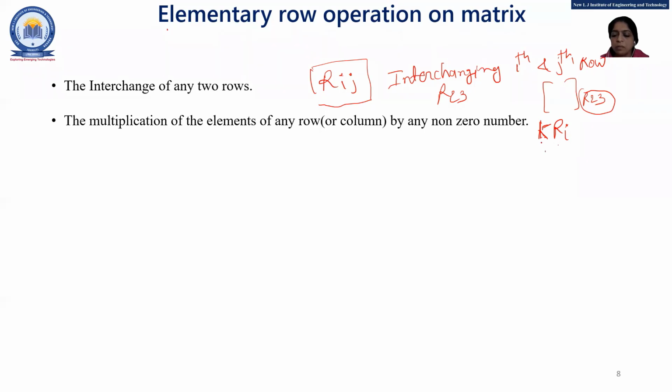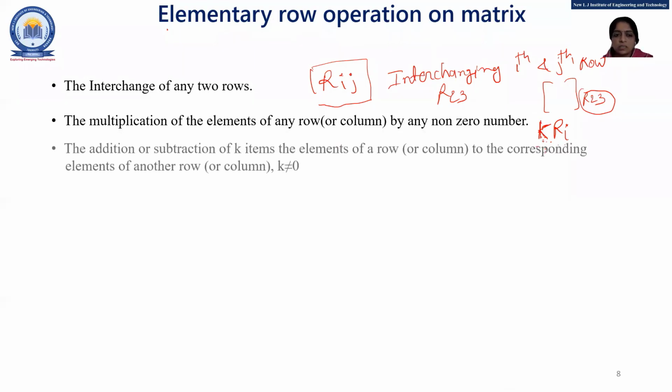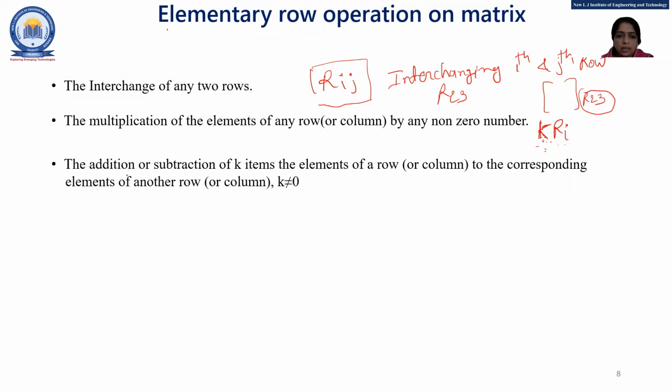It means multiplication of the ith row by this number k. And the next, the addition or subtraction of k times the elements of a row or column to the corresponding elements of another row, where k is not equal to 0.